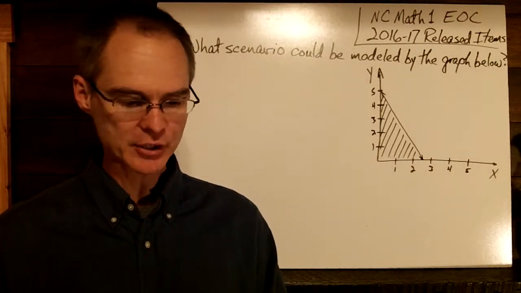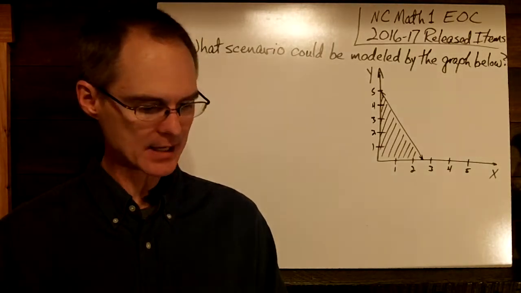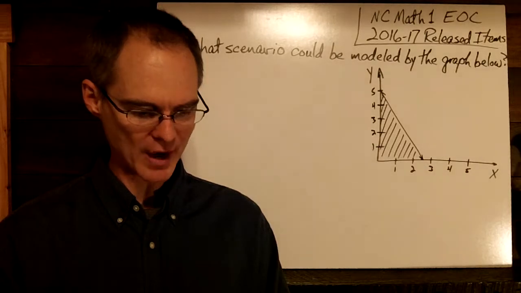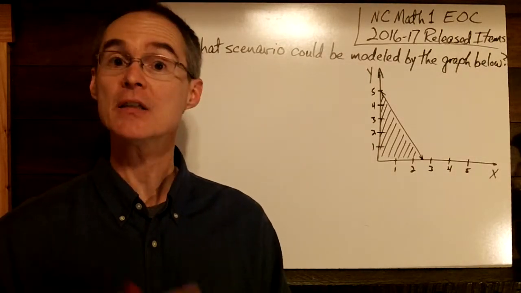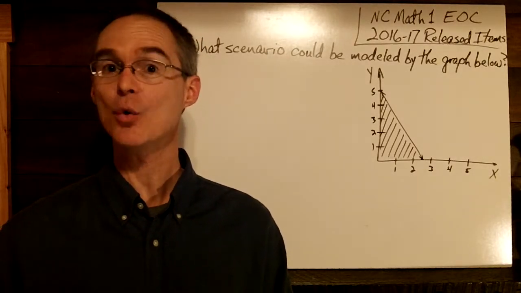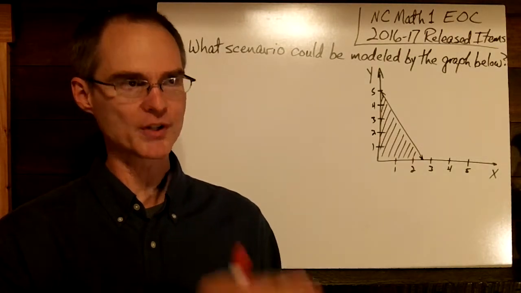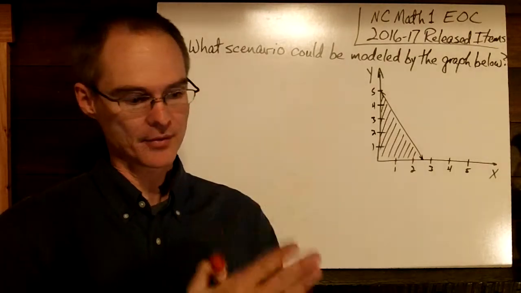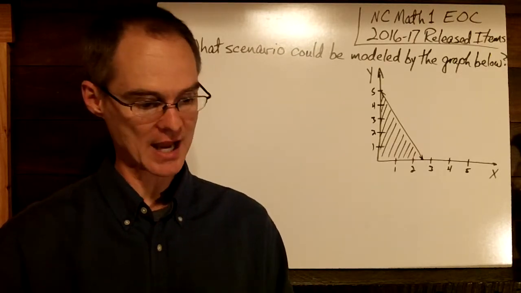The first thing I usually do is a quick scan of the problem. I can see on the paper that I've got a graph of a straight line that's shaded underneath, which tells me I'm probably looking at some type of inequality. All the shaded points represent points that are less than the value of that straight line.